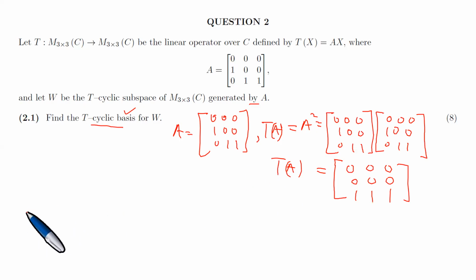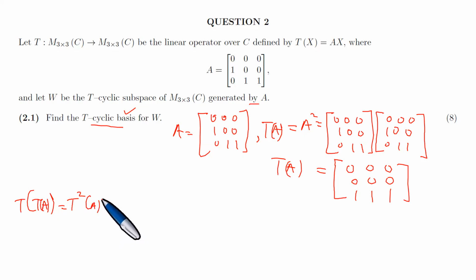Because we took A and obtained TA, now we need to obtain the next thing: T of TA. Repeated application of T twice is T squared of A.